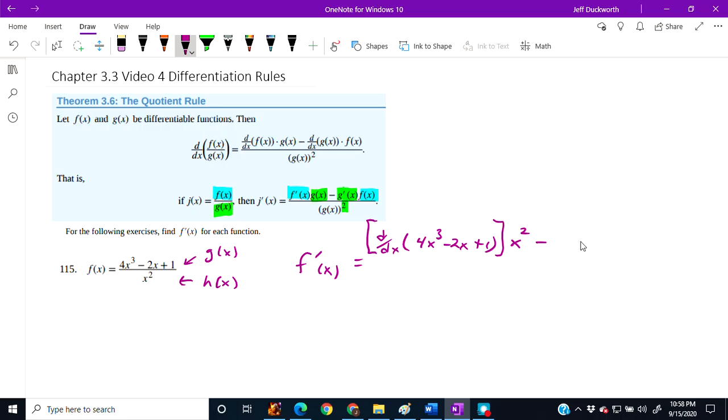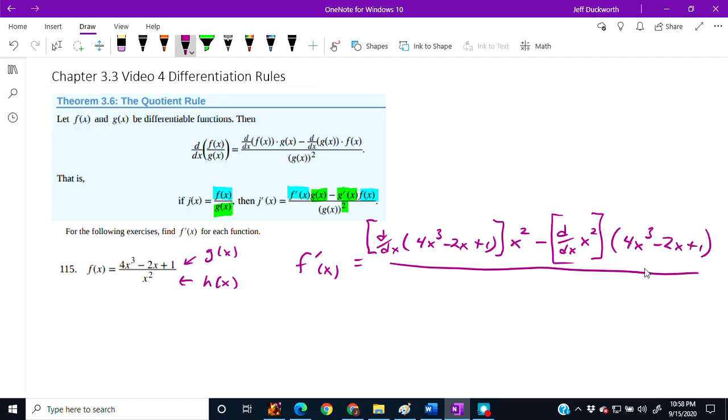And then minus, be careful of this minus here, the derivative of the bottom, multiplied by the function on top, which is 4x cubed, and so forth. All of this over the bottom squared. So we take x squared and we square it.